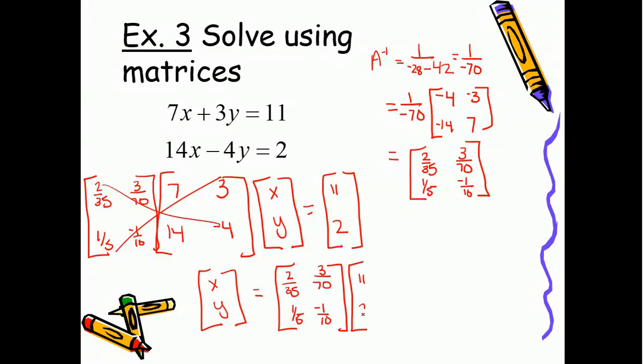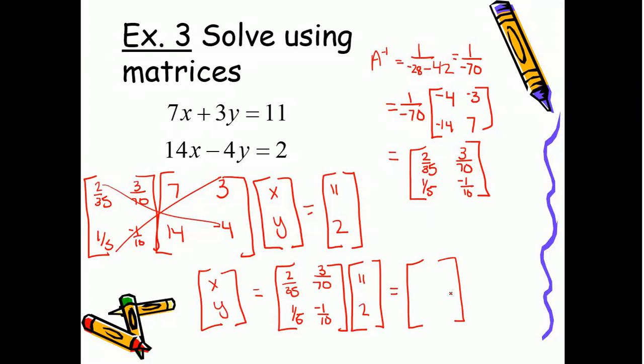By 11 and 2. Alright, so 2 times 35 times 11. Well, that's going to be 22 35ths, right?